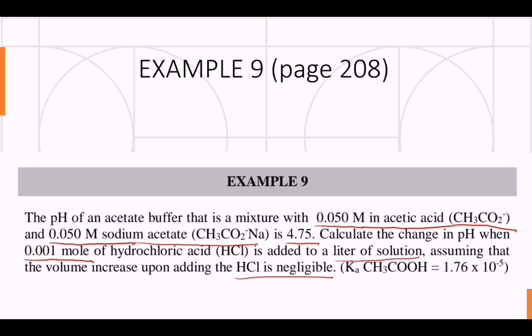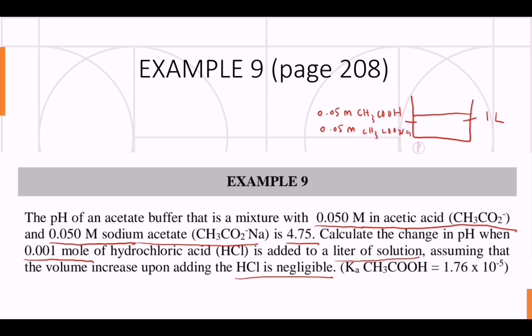So now let's draw this example so that you can understand better. In this beaker, where the volume is 1 liter, there is 0.05 molar CH3COOH and 0.05 molar CH3COONa.